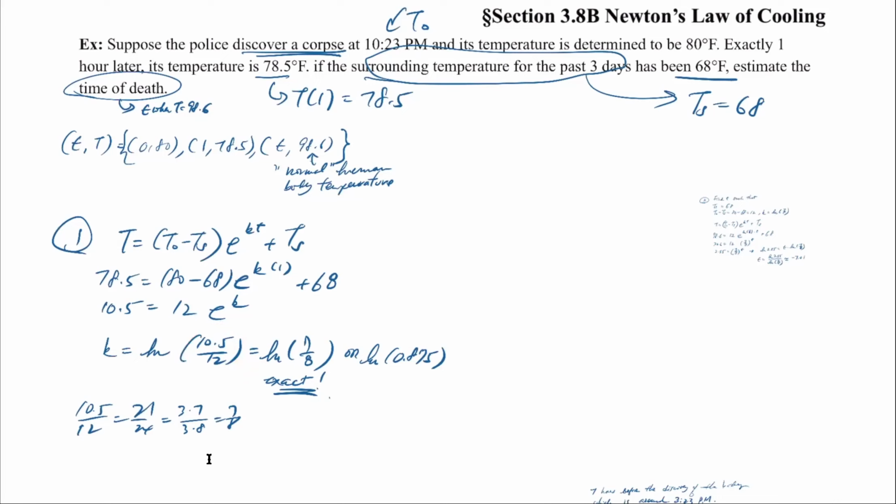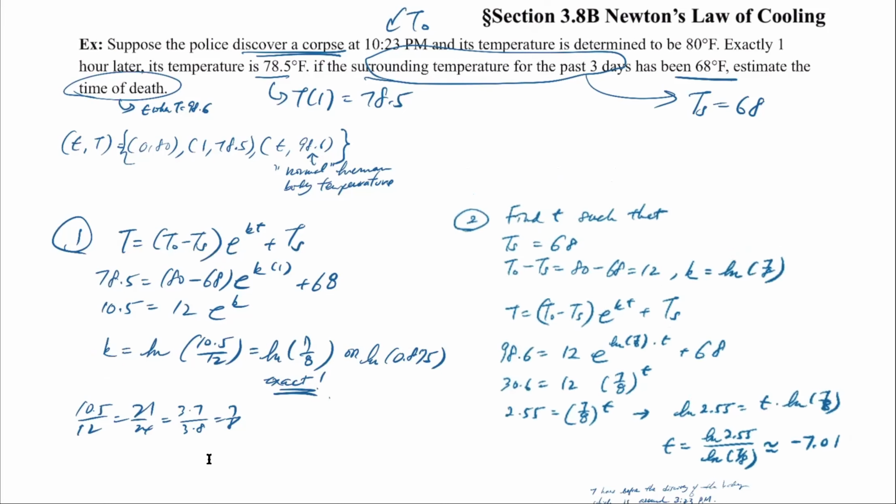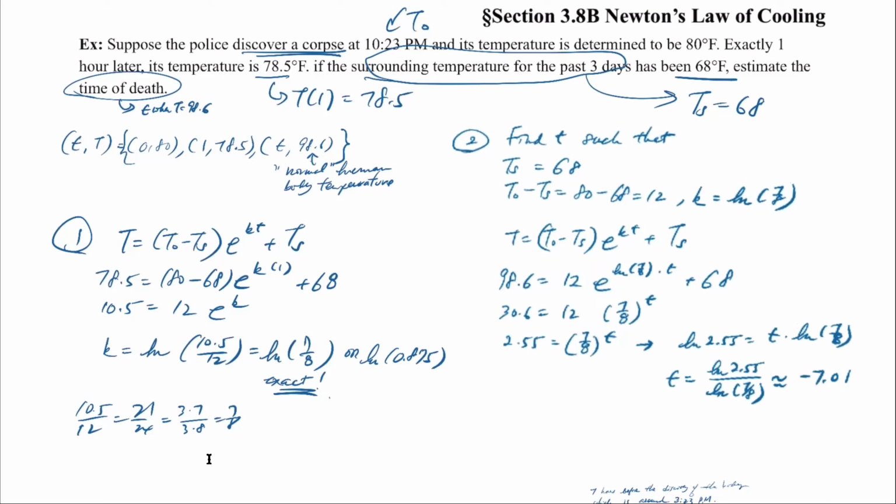If you go through the calculation, that's 7/8, so it's ln of 7/8 or 0.875. I prefer fraction, so that's what I'm going to be using. The first thing I did was to find the K value. And the second thing I have to do is put that into the equation so that we know what that is. Let me just bring that a little bit higher, right there.